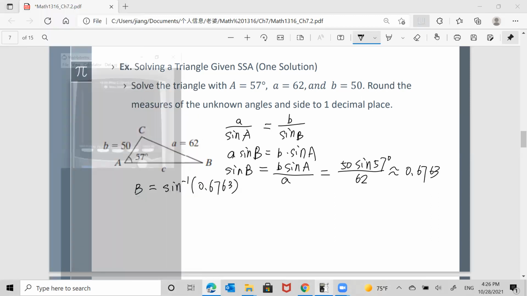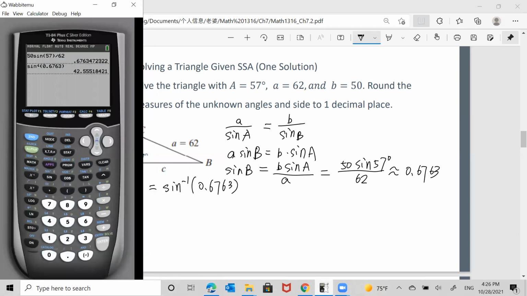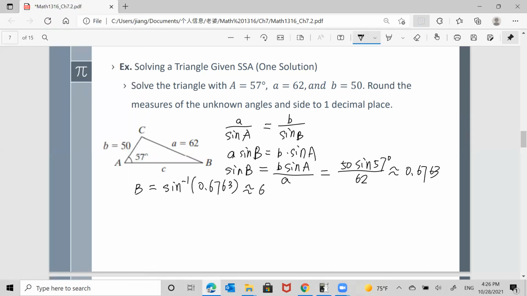I can say that's 42.6. So this is the angle B. If we have the angle B, we can find the C because A is given. So let's see what is this. What is C?